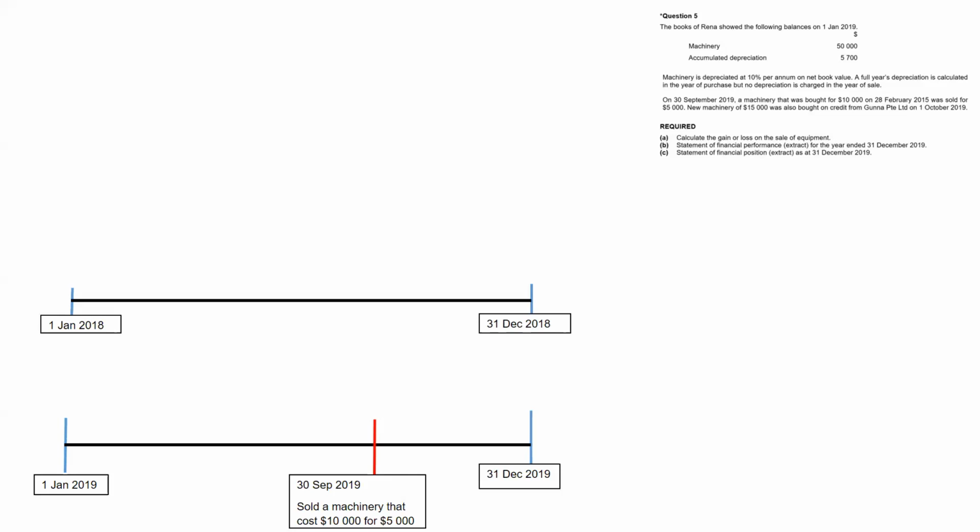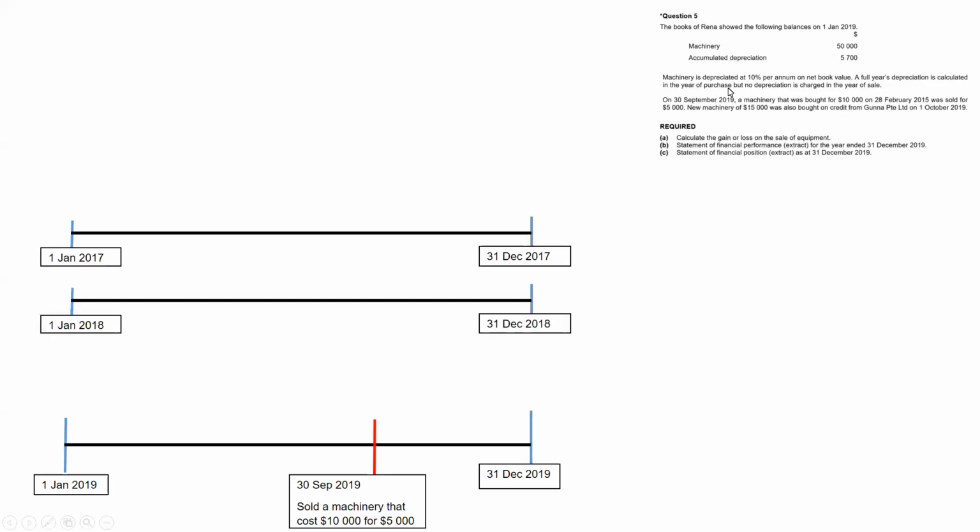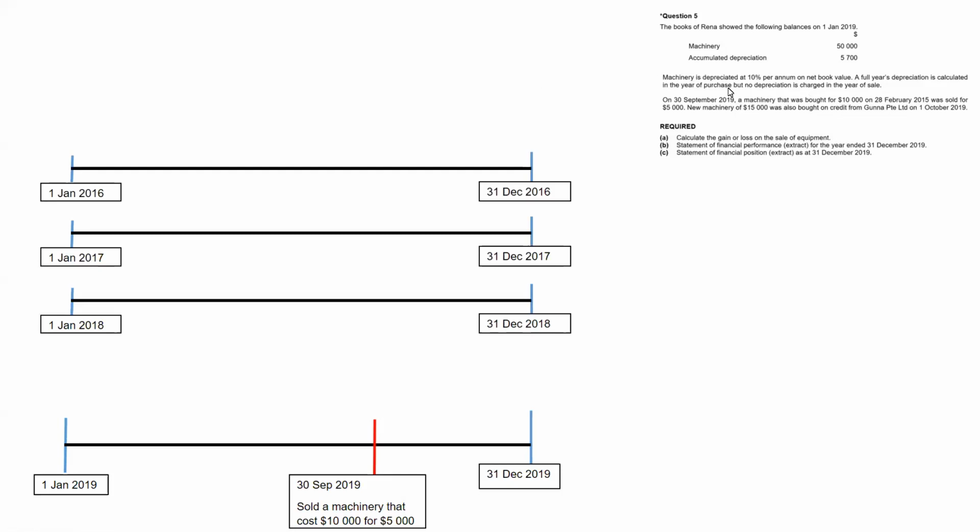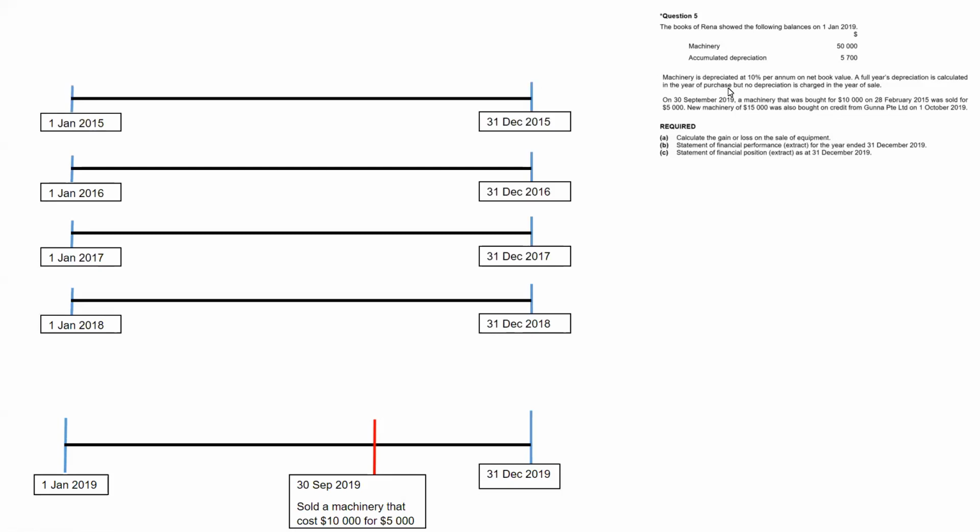Then I ask myself, is this the year that I bought the machine? Obviously it's not. We need to move back further, even up to here, 2015. So when did we buy this machine? It was on 28th February.